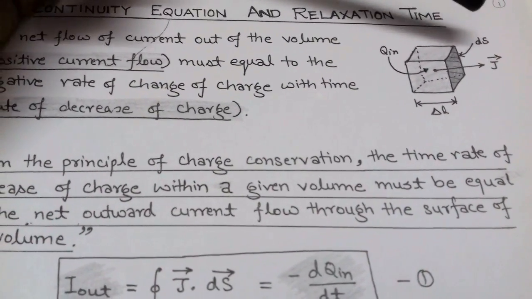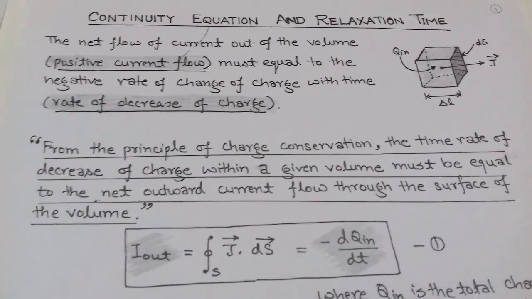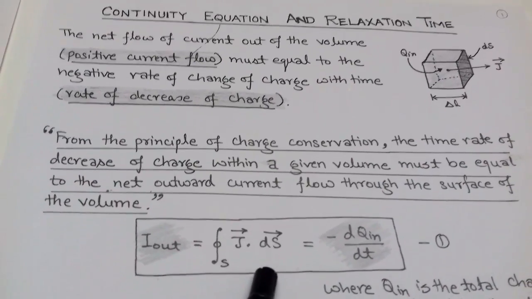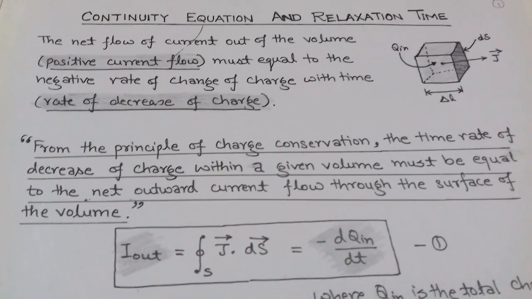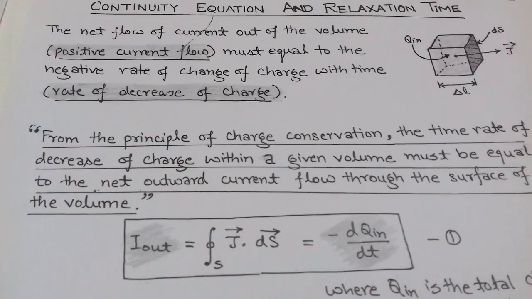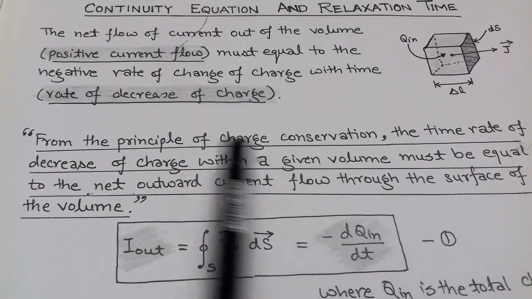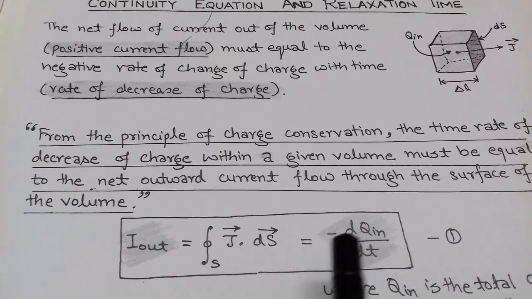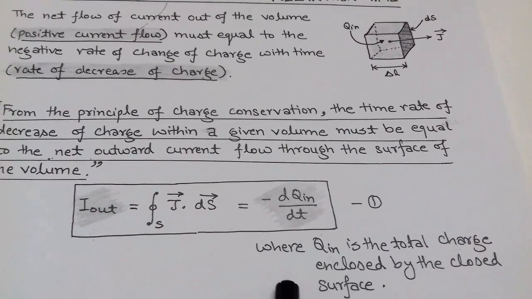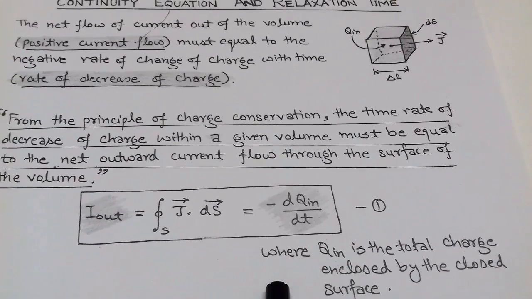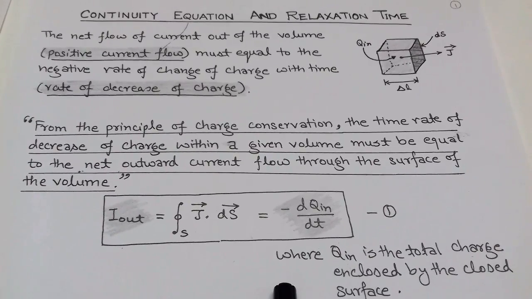We know that the dot product J dot ds equals current. Output current equals surface integration J dot ds over a closed surface. And since according to charge conservation the net output current equals the rate of decrease of charge enclosed, this is the definition of the continuity equation, the first equation.